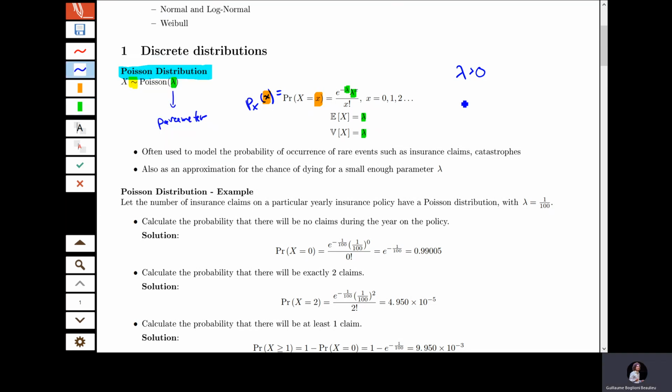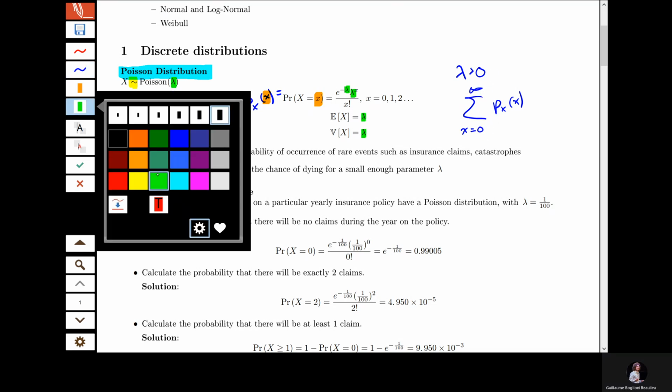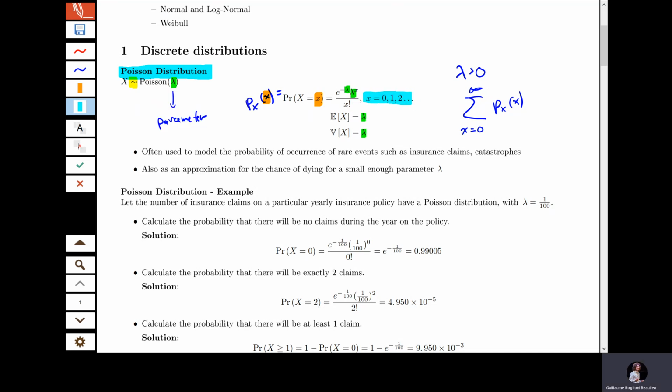Of course, if you sum all the p of x over all values of x, and in this case, all the values are the non-negative integers, x equals 0, 1, 2, 3, etc., then, of course, you get 1.